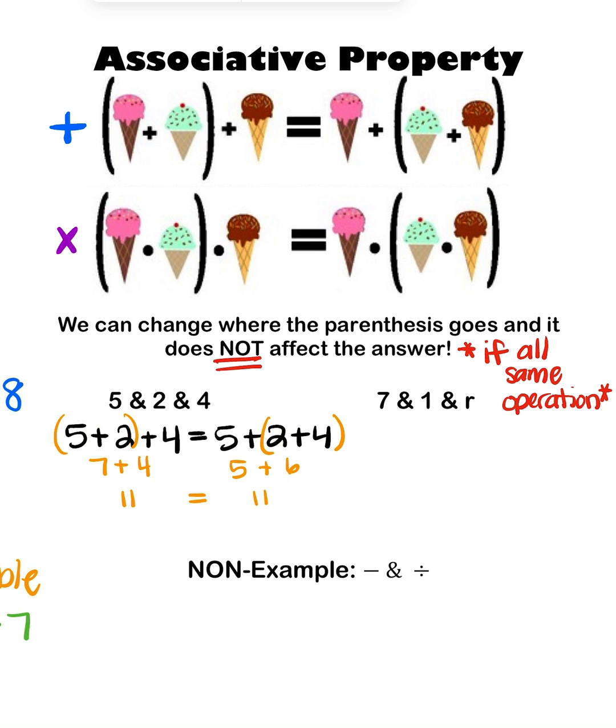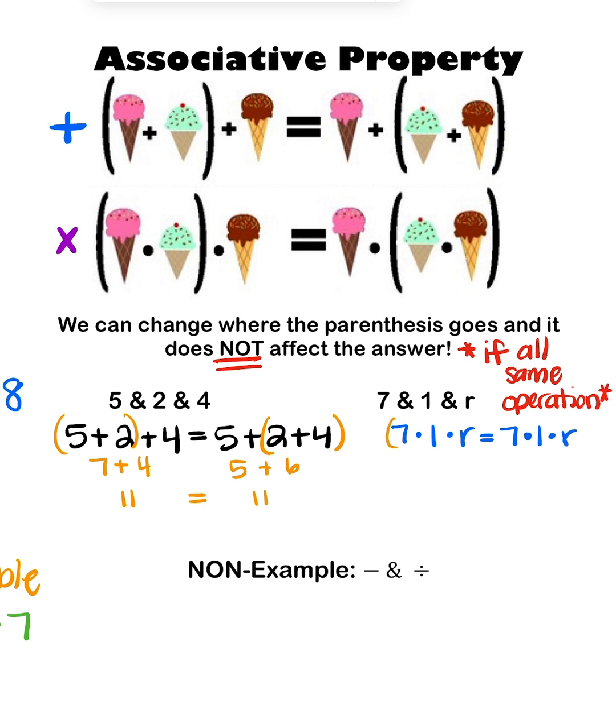And then a second example we could use with a letter, right? So we have 7, 1, and R. So if I were to plug that in, I could say 7, let's do times. 7 times 1 times R is equal to 7 times 1 times R. And again, we can move the parentheses.